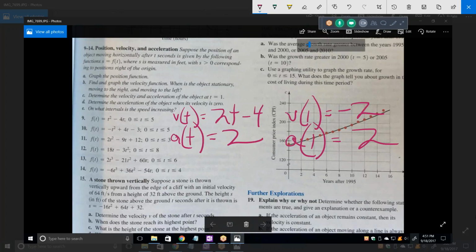The acceleration is positive throughout the entire time frame, from 0 time, and remember what the velocity curve looked like. It looked like this. And yet the acceleration is constantly 2. Even when the velocity is negative, the acceleration is positive 2. Why? Because it's going from a negative velocity slowing down.